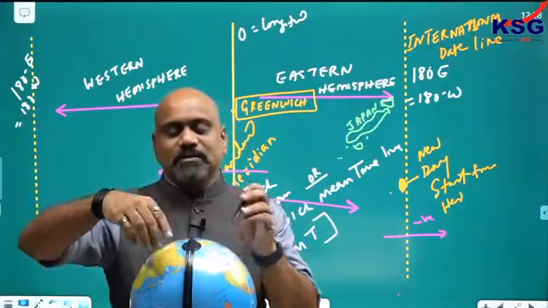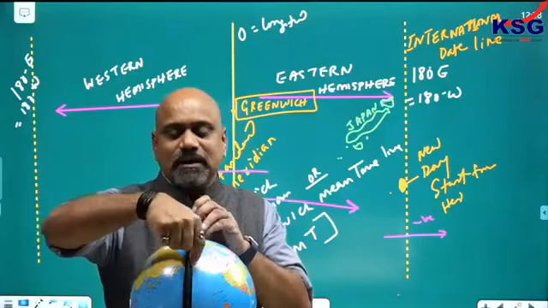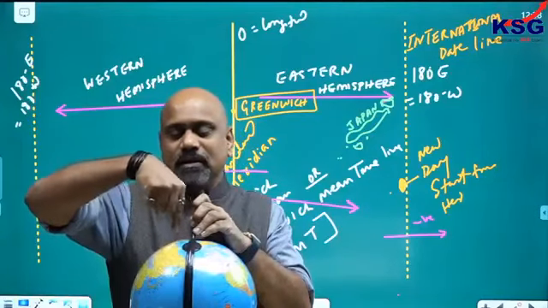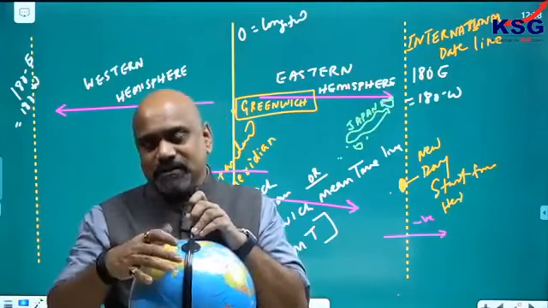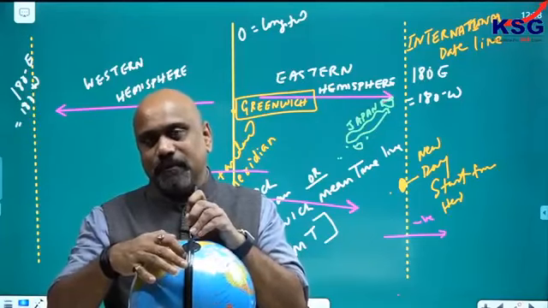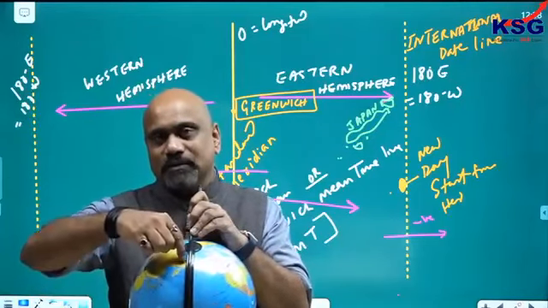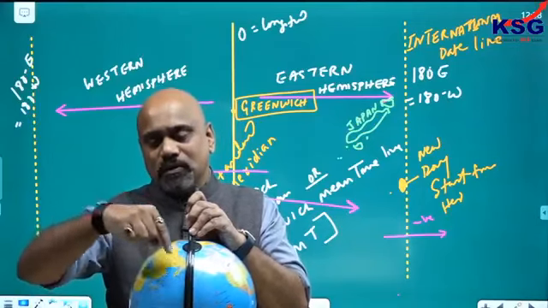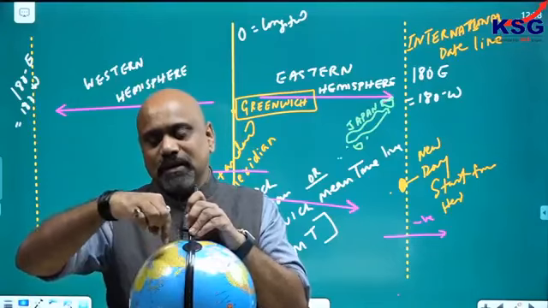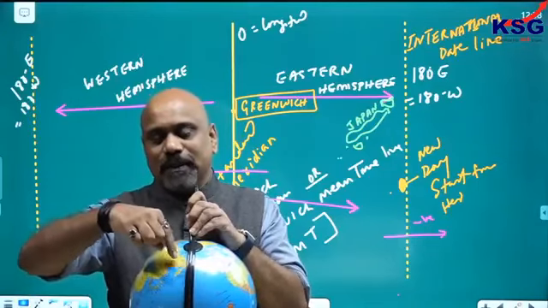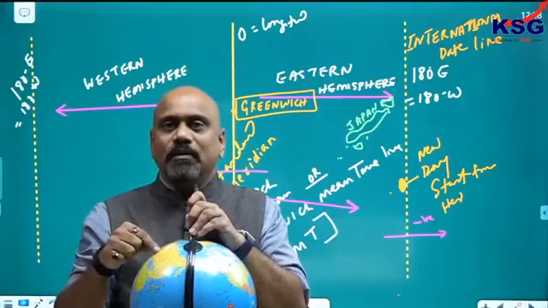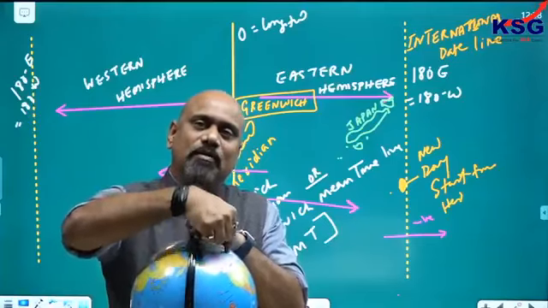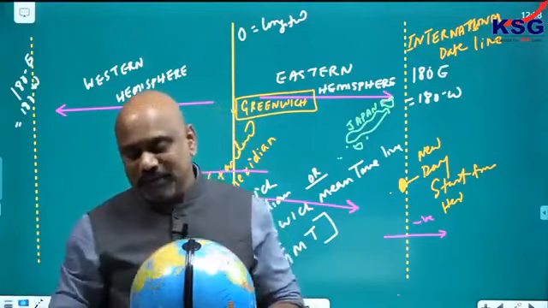The day starts here, and you are going in this way. If this is the 6th, and let us say it is now 12 noon on the 6th, then if you go this way, this is 12, then this will be 11, this will be 10, this will be 9, and coming like this, 1 day will be deducted. Coming here, you will have a 1 day difference.